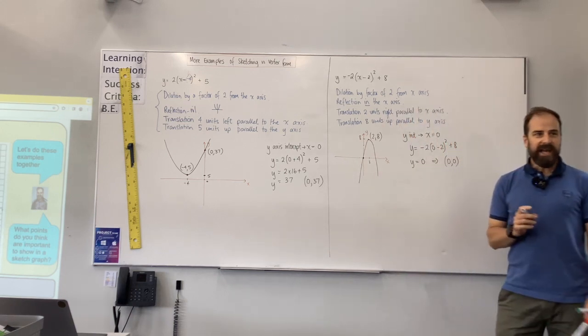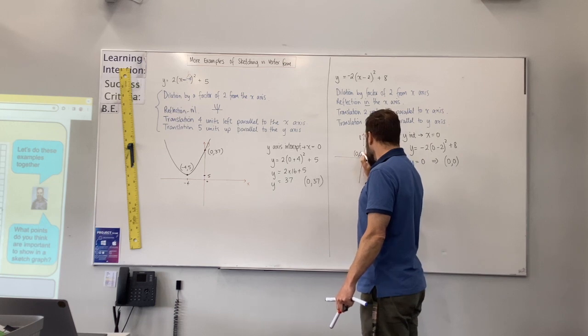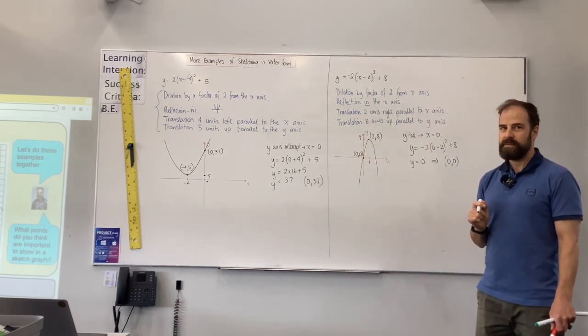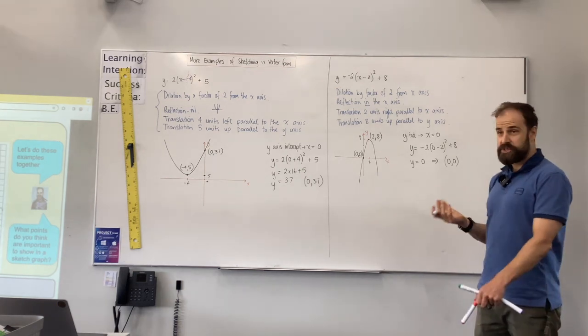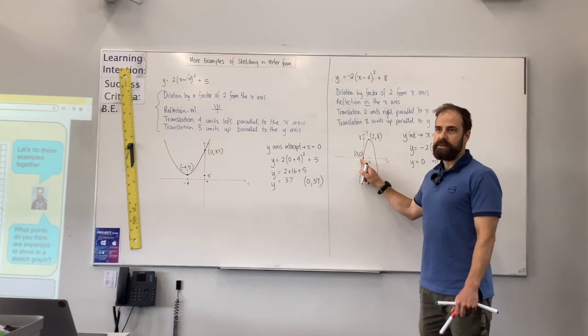Now, I can actually save some time. Do I need to find the x-axis intercepts? Are there x-axis intercepts? Yes. So I do have to find them. Absolutely, I've got to find them. But I've already found one.